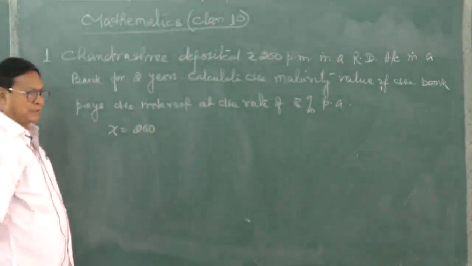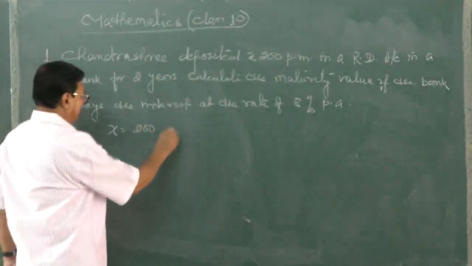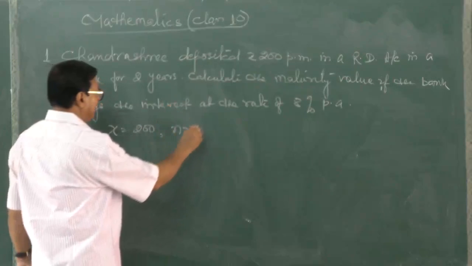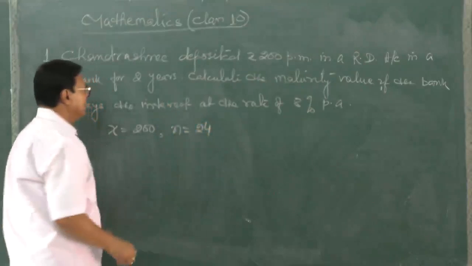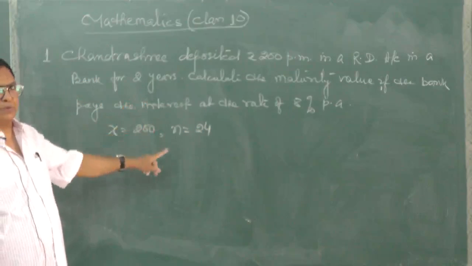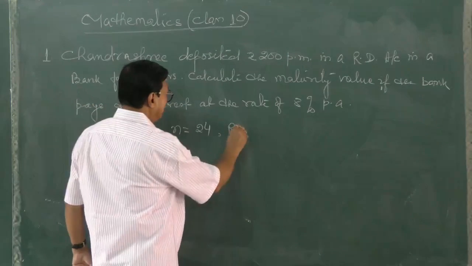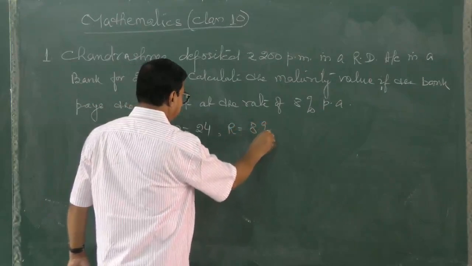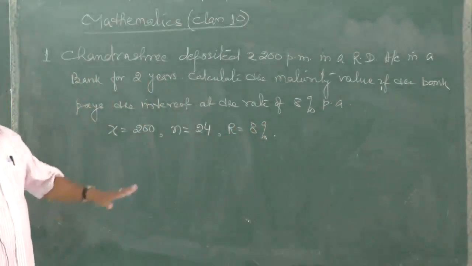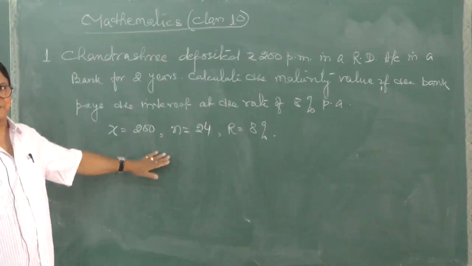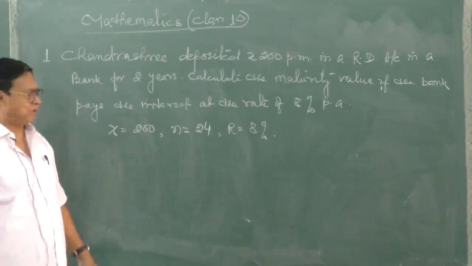That's the total deposit per month. N has to be taken in months. It says 2 years, 24 months, not in years. Please be very careful. Rate is 8%. So 3 things given. 4th thing, you have to find the maturity value.